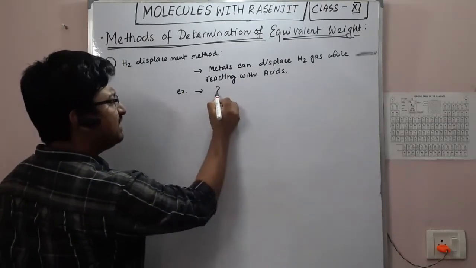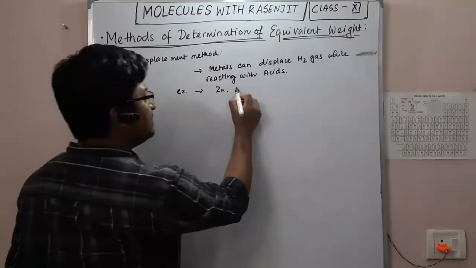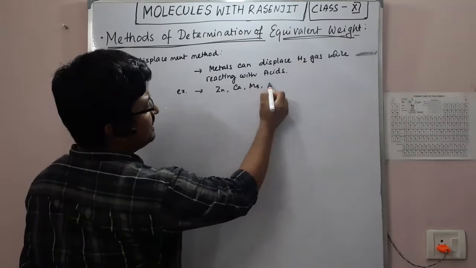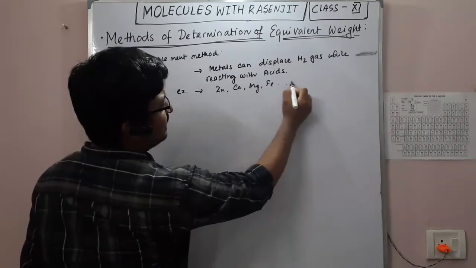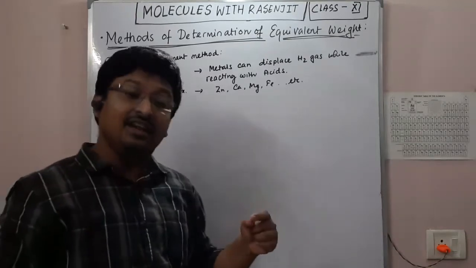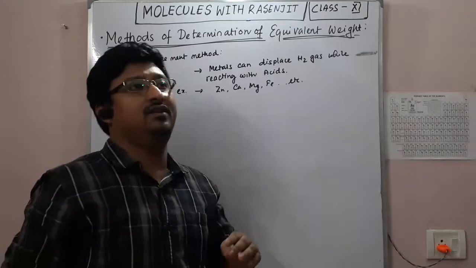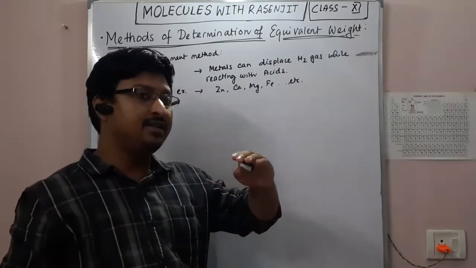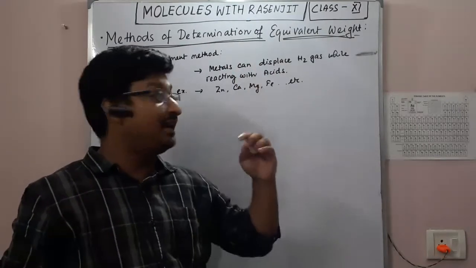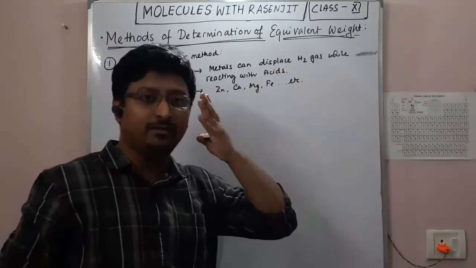Examples like zinc, calcium, magnesium, iron, etc. These metals, you will see in the electrochemical series, are present above hydrogen, so they can displace hydrogen gas from the acid. You follow the electrochemical series.